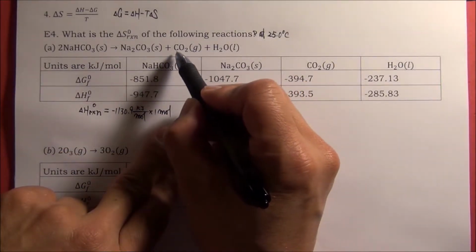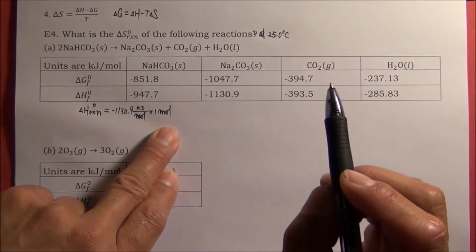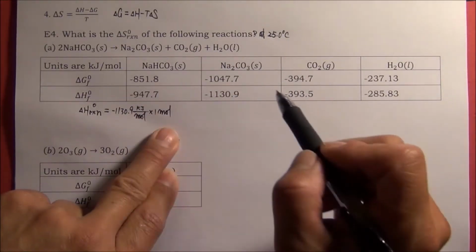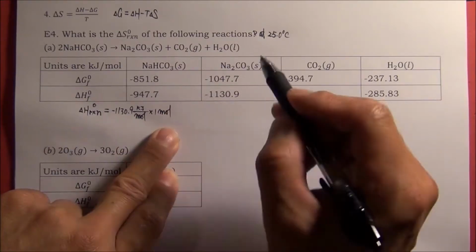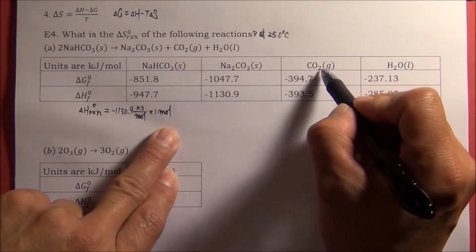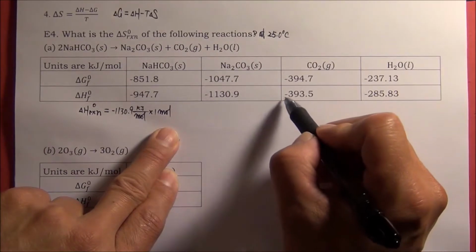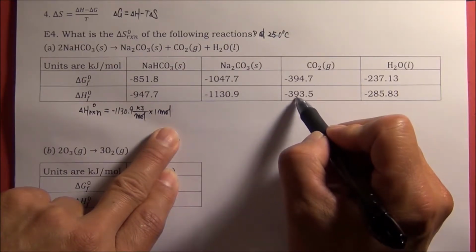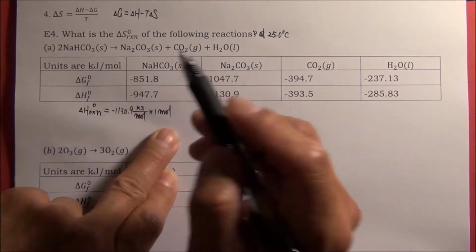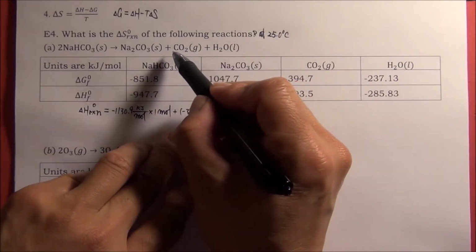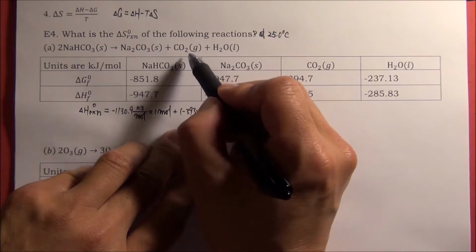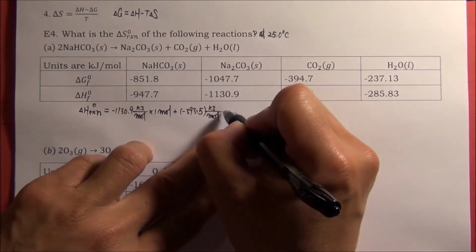The second product is carbon dioxide gas. We also look up the table to find the standard enthalpy of formation of carbon dioxide gas, which is negative 393.5 kilojoule per mole. The coefficient in the balanced chemical equation for carbon dioxide gas is also 1 mole.